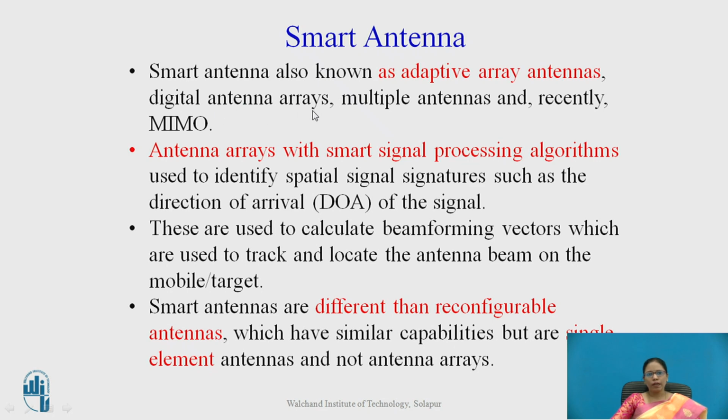And digital antenna array is also the name for smart antenna. Also, there are names such as multiple antennas, and it is also recently called MIMO, multiple input, multiple output. Antenna arrays with smart signal processing algorithms are used to identify the spatial signal signatures, which is the direction of arrival of the signal.